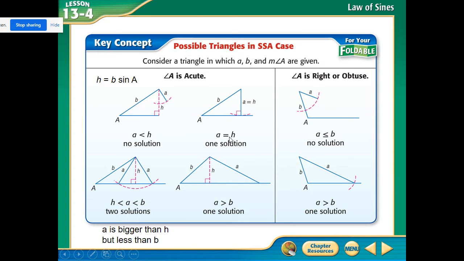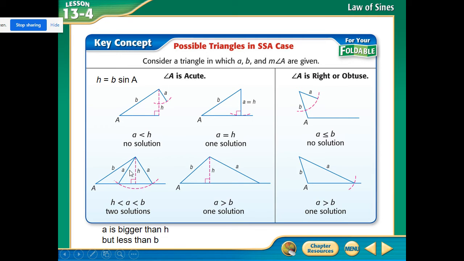And so because of that, there's actually no triangle that is formed. If it is exactly the same, then we have a right triangle, and we have 90 degrees, and it's really easy to solve that one. Now, if A is bigger than H but less than B, we actually have a situation where we have 2 triangles. We have one obtuse triangle and one acute triangle.